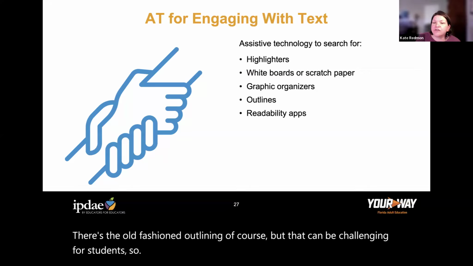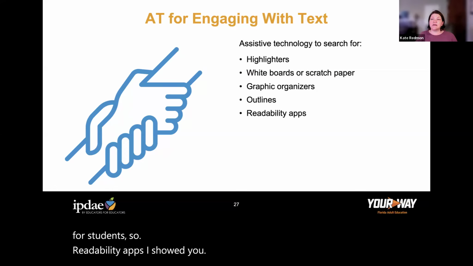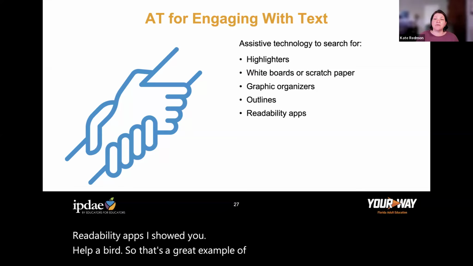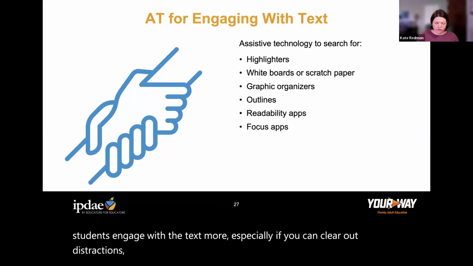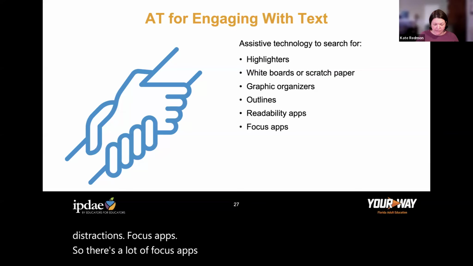So, readability apps. I showed you Help a Bird, so that's a great example of a readability app, but that will help students engage with the text more, especially if you can clear out distractions. Focus apps. There's a lot of focus apps in Chrome extensions. There's timers that you can use, like the Pomodoro timer.